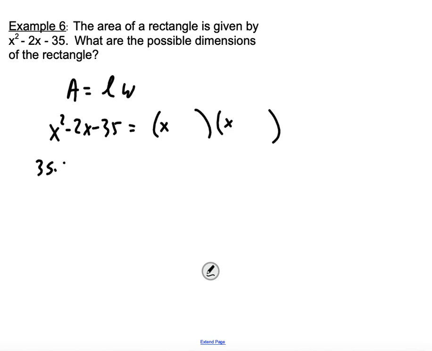One's got to be a minus and one's got to be a plus. And then we've got 7 and 5, or 35 and 1. When you subtract the two numbers and get 2, it's got to be 7 and 5. And the larger number has to be the minus, because there's a negative in the middle. So negative 7 plus 5 gives me negative 2. So those are my dimensions for the rectangle.